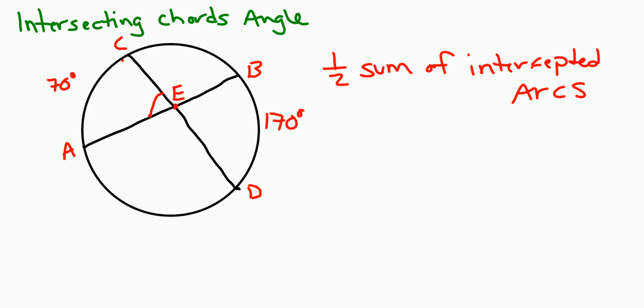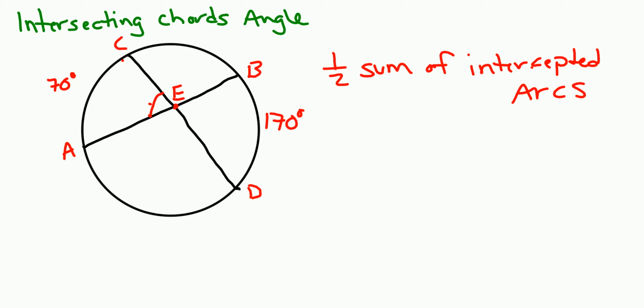The reason for that is if you remember in the last unit, in the geometry unit, this created vertical angles. Vertical angles are the same, so even though this arc goes with this angle, you have to include this arc and this one for this angle. So if I was trying to find this angle right here, I would take half the sum of these two arcs.